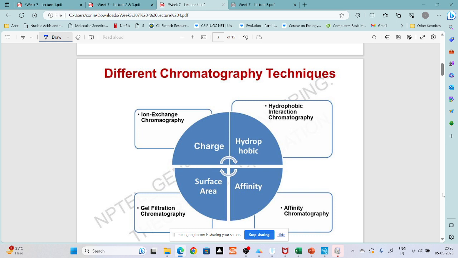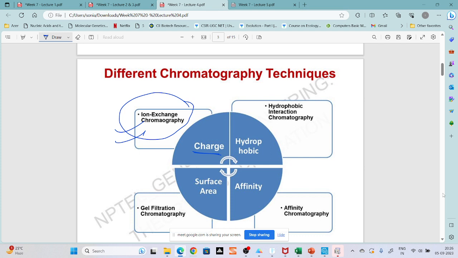So if you see, by taking the property of charge, you have ion exchange chromatography. Ion exchange chromatography is a kind of chromatography where you can separate the positively charged or negatively charged proteins. So proteins which are charged can be separated with the help of ion exchange chromatography.